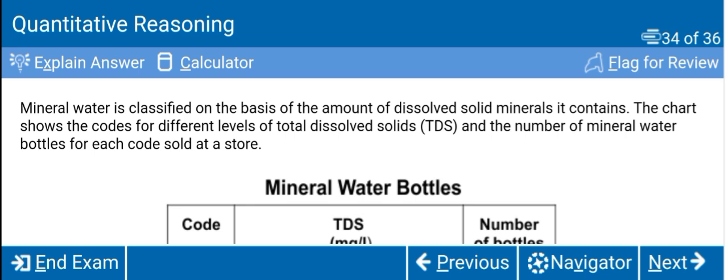So without any further delay, let's start our video with question number 34 of section 3 of quantitative reasoning. The statement given is that mineral water is classified on the basis of the amount of dissolved solid minerals it contains. The chart shows the codes for different levels of total dissolved solids and the number of mineral water bottles for each code sold at a store.